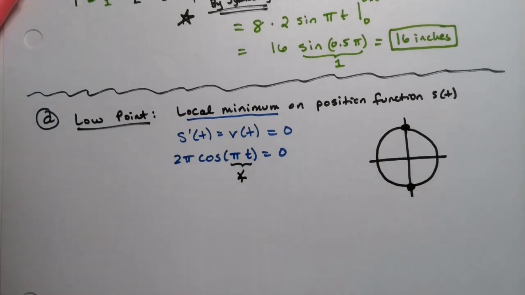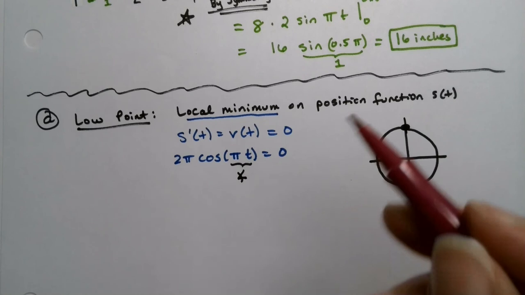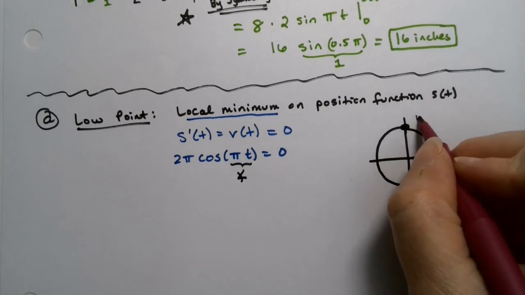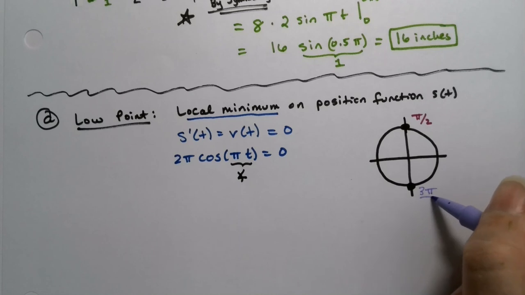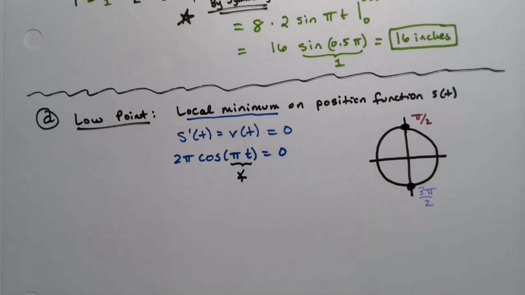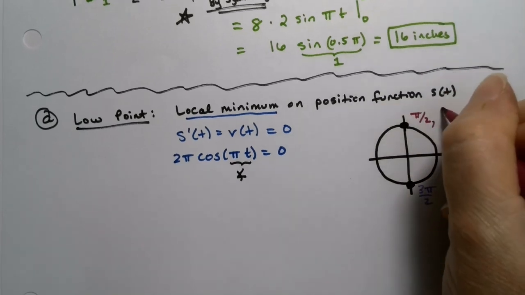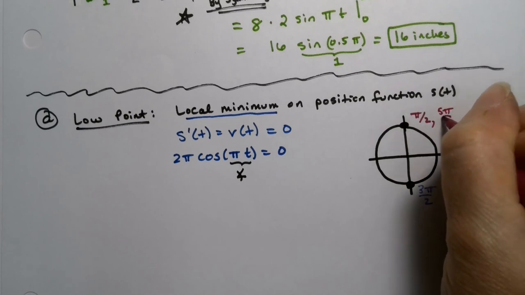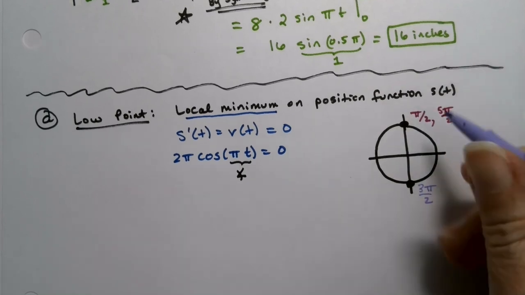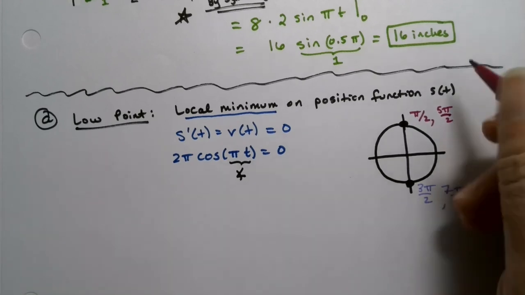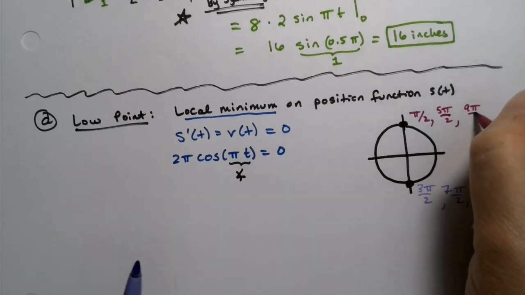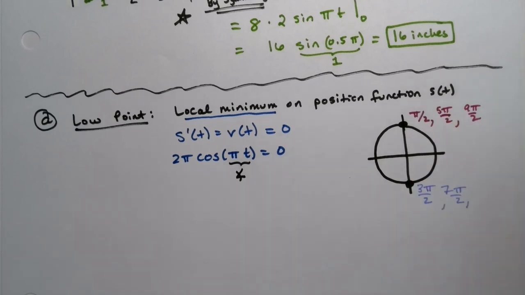Okay, so those values would be, let's think, pi over 2 and 3 pi over 2 down at the bottom. And then, let's see, 5 pi over 2 and 7 pi over 2, and 9 pi over 2, and 11 pi over 2.